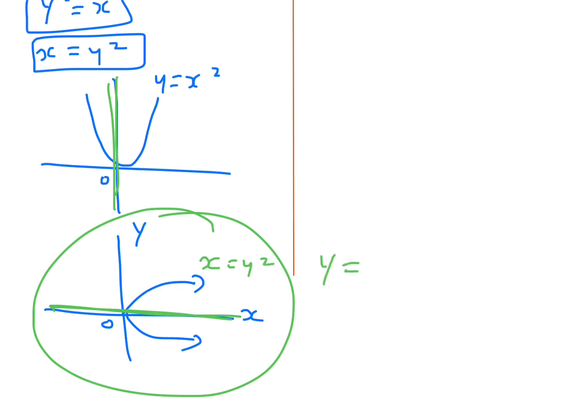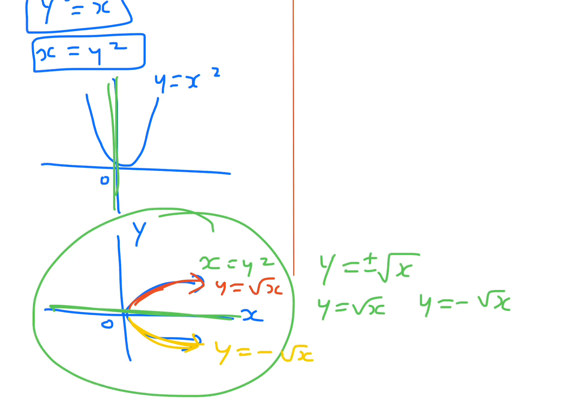Now, if you take the square root of the other side, you get plus or minus root x. So you get y equals root x and y equals minus root x. One half of this branch here is y equals root x. And the other half of the branch, which is this one, is y equals minus root x.